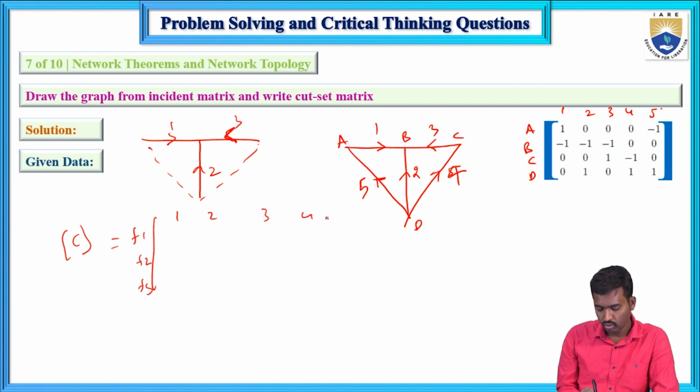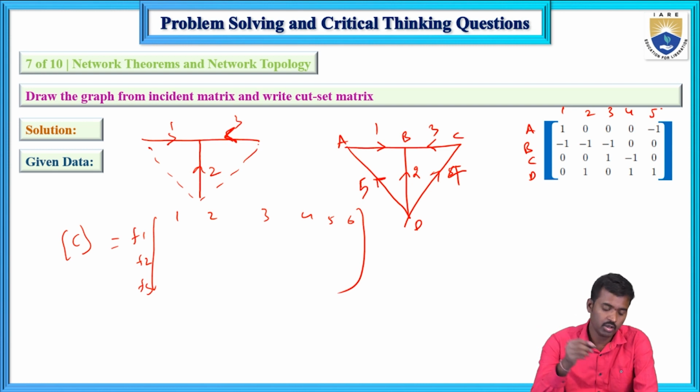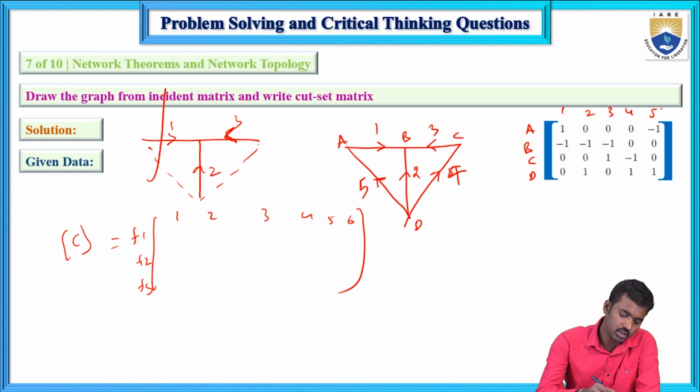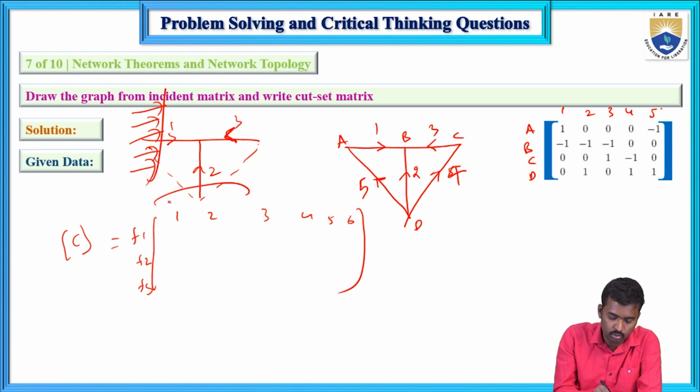For formation of an F cut set, there must be one twig, and the remaining are any number of links. So F cut set 1 is in this direction, the second in the second twig direction, and the third in the third twig direction.